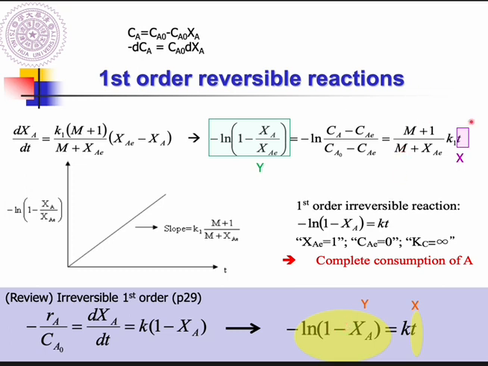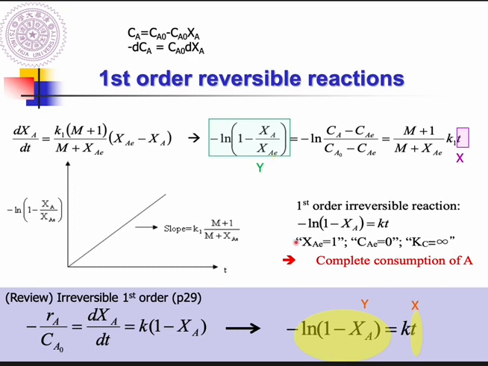And when we consider the right-hand side here, XAE equals 1. So here you only have K1 t. K1 actually is identical, the same as K. So you compare these results, and you know that the solution of irreversible first order reactions is just a special case in these solutions, while XAE equals 1. Okay?